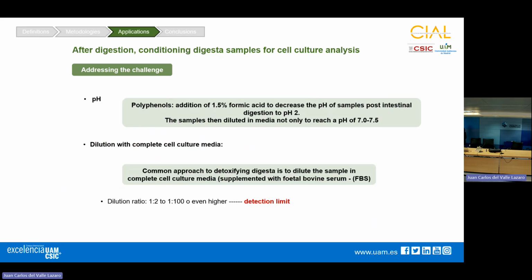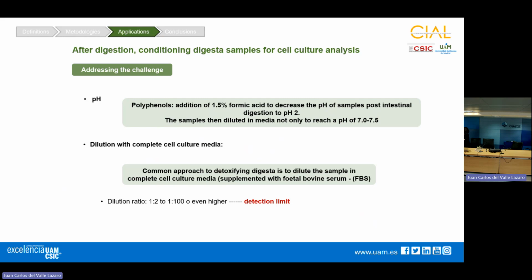pH. Well, just make sure always that your samples are at a physiological pH, 7.5. Sometimes you need to add an acid to decrease the pH and maintain your compound. Just look at that. And sometimes you also use cell culture media because it contains fetal bovine serum. Usually when we grow cells, we use media with FBS to stop the trypsin activity when we are passing cells, right?